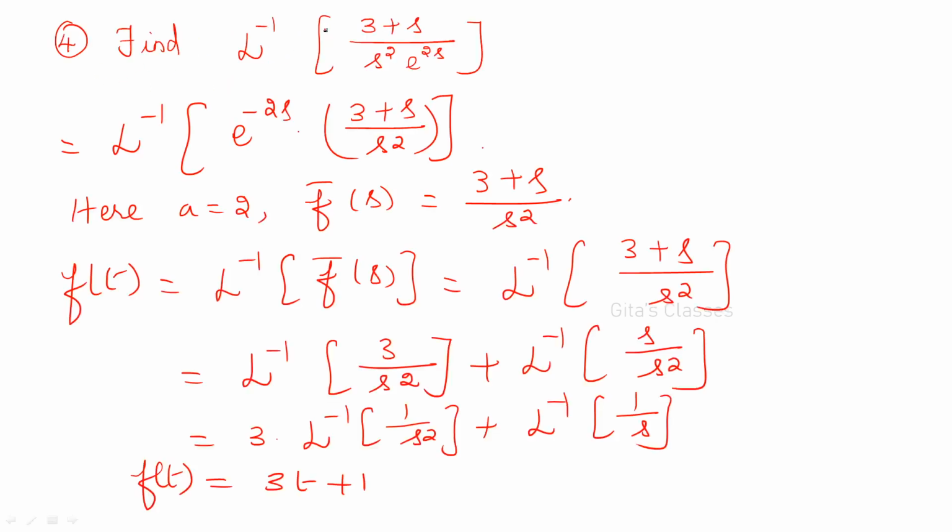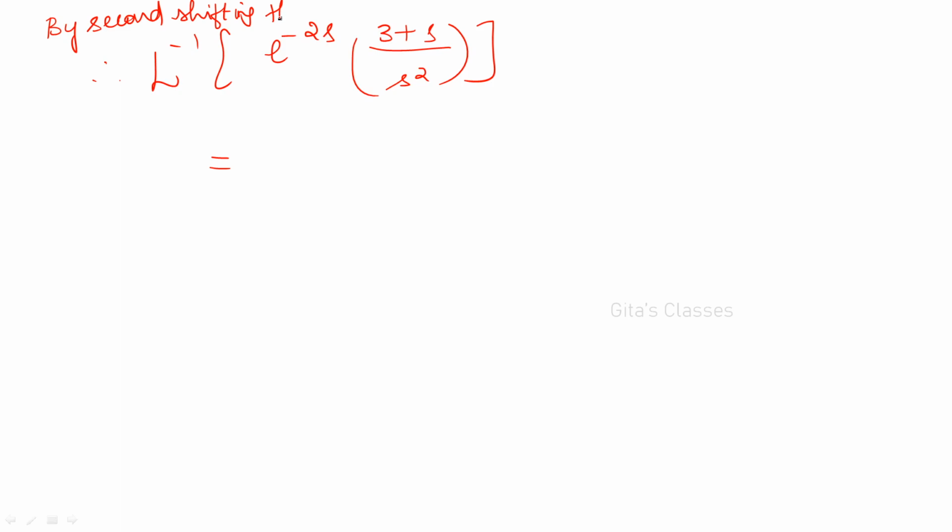Therefore, L inverse of e power minus 2s into 3 plus s by s squared is equal to, by the second shifting theorem, f of t minus a into u of t minus a, where a is equal to 2.